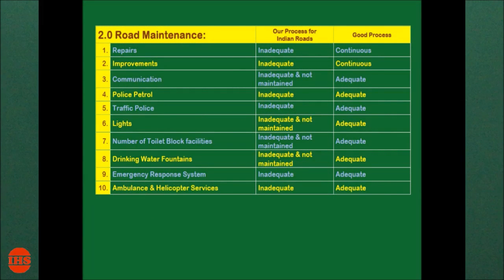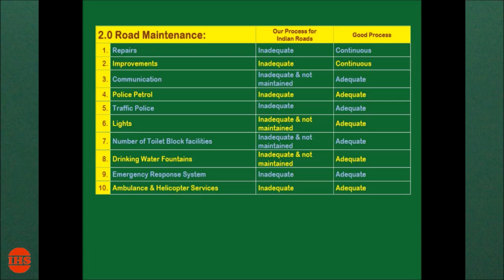Number 2, road maintenance, repairs. Our process for Indian roads is inadequate. Good process, continuous. Improvements, inadequate. In good process, it is continuous.